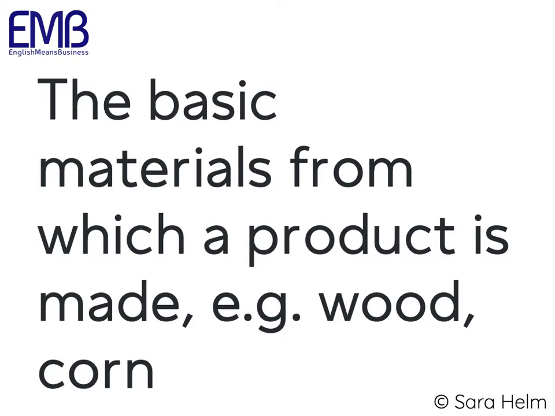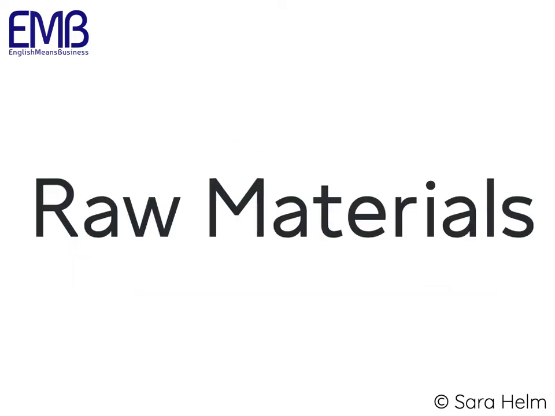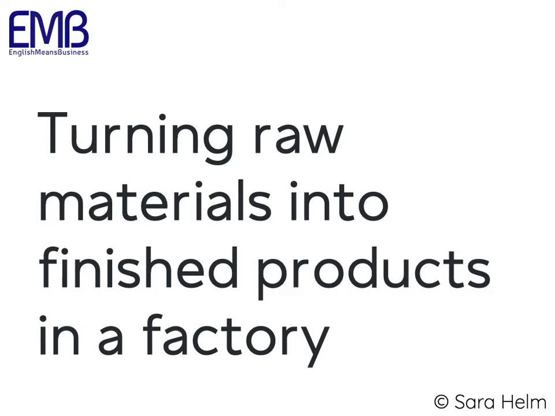These are the basic materials from which a product is made, for example, wood or corn. Raw materials. This is the action of turning raw materials into finished products in a factory.